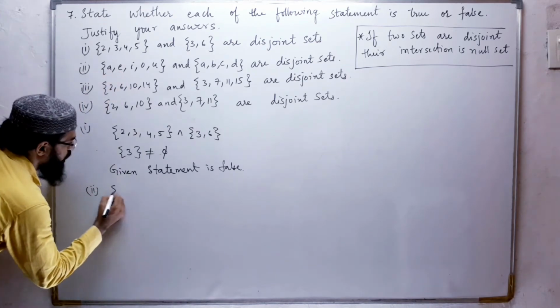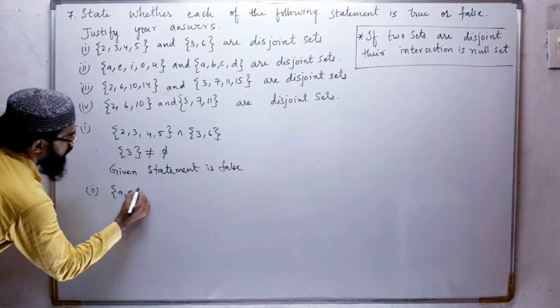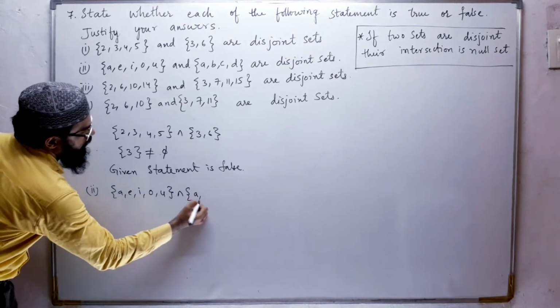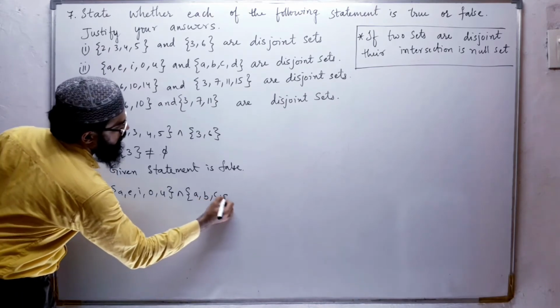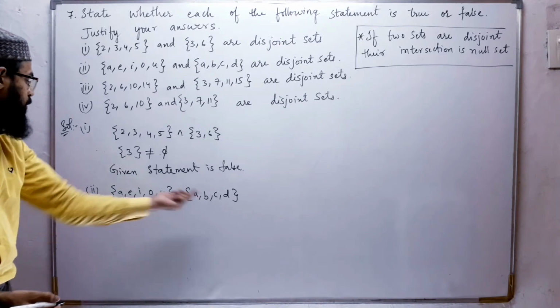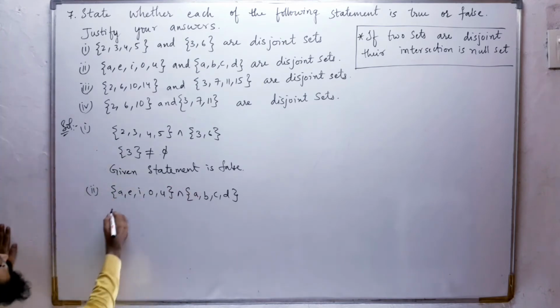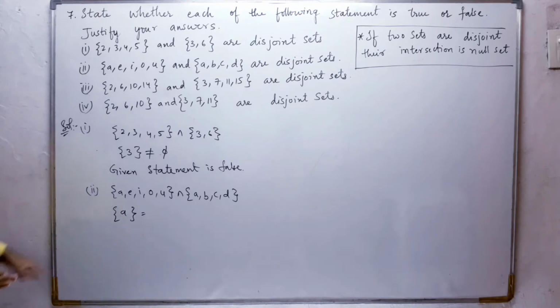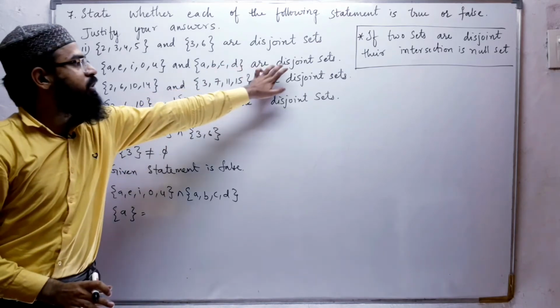Next is the second bit. Two sets are given: {a, e, i, o, u} intersection {a, b, c, d}. Intersection means the common element. So what is common? a. So some element is there. They have said that this is disjoint.